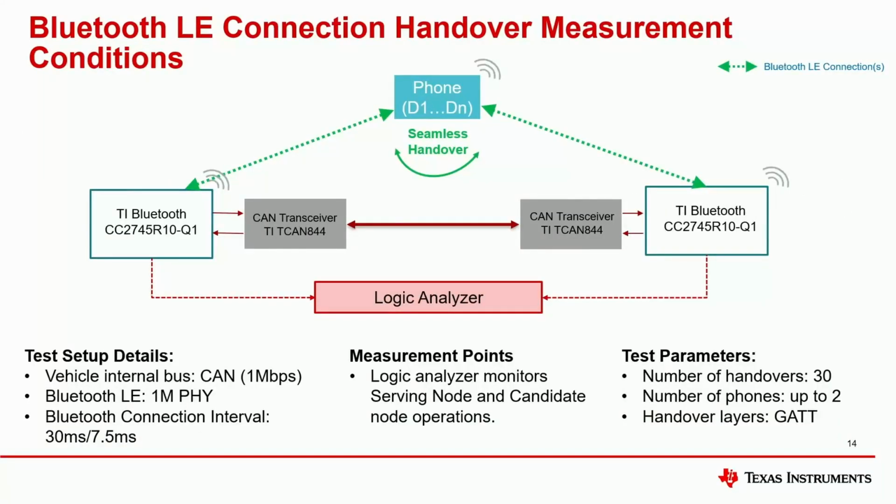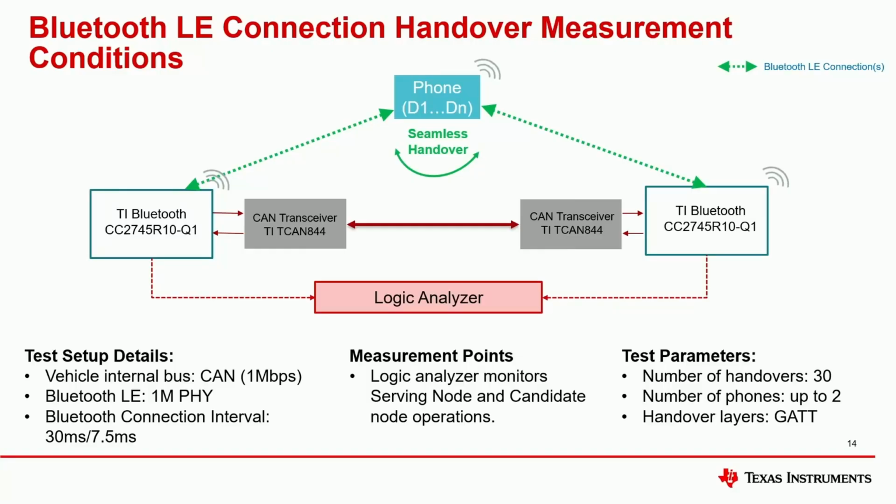This is a sequence diagram to show the connection handover I just talked about. But here we also use a logic analyzer. What I'm going to present in the next slide will make more sense once we use the logic analyzer. Basically, if in your application layer you say you're going to do connection handover, we measure the time from the moment you send the connection handover data to the moment the other device successfully captures the connection.